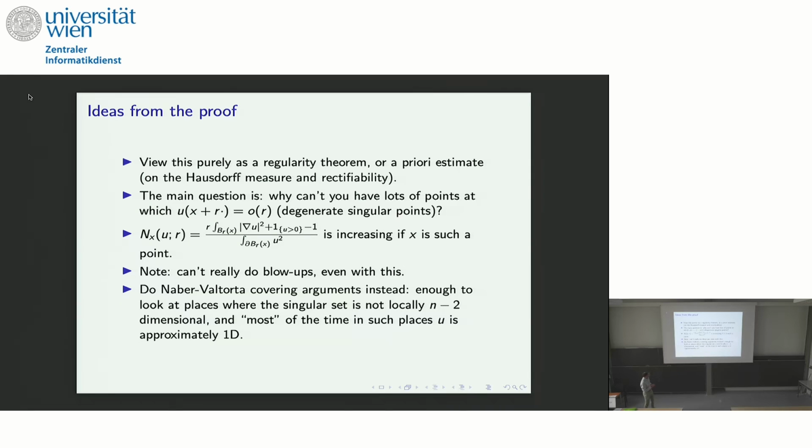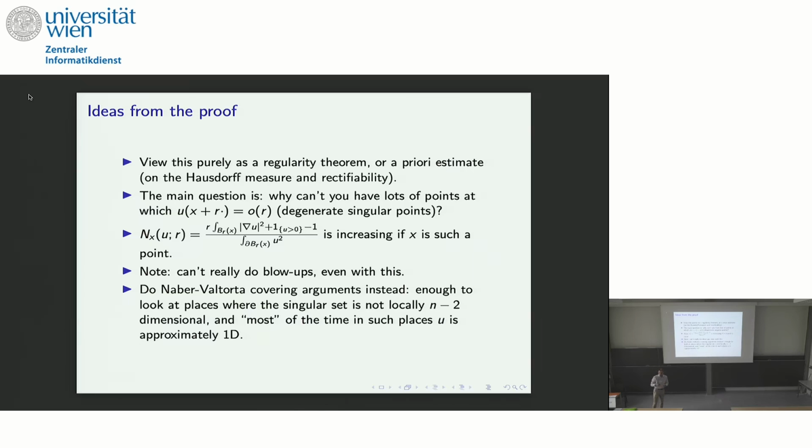So this formula works at these degenerate singular points. I should say, this is monotone at any singular point, at any point where the Lebesgue density is 1 for the positivity set.